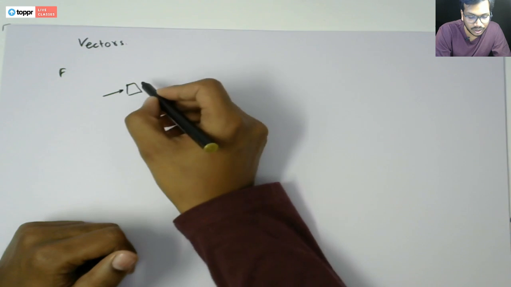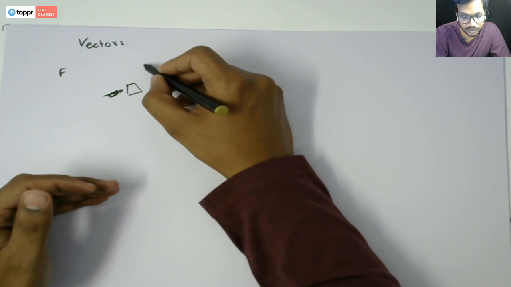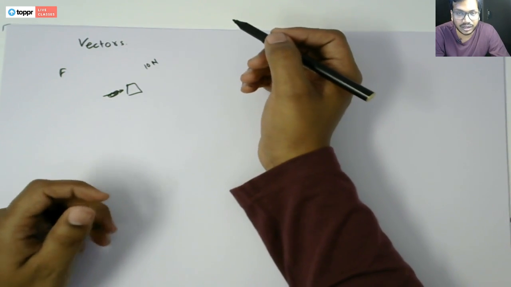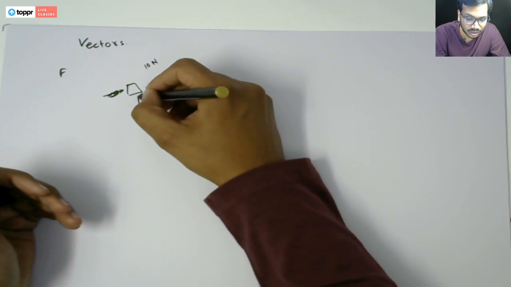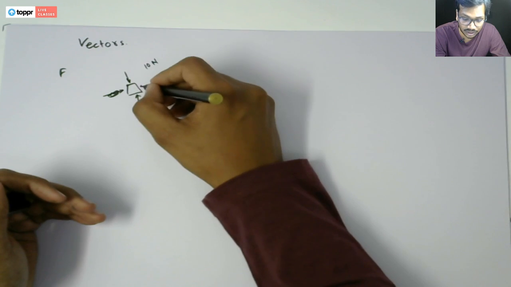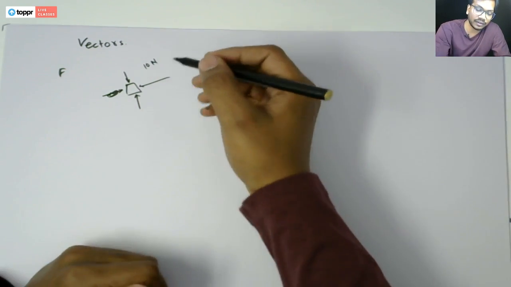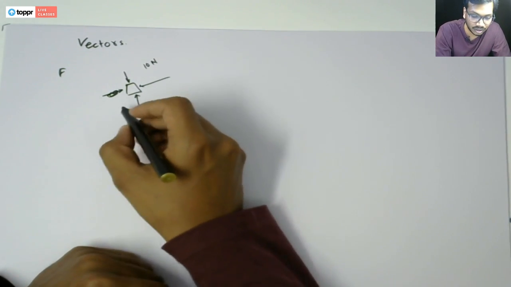Applying force on it, I cannot just say that I have a force of 10 Newton acting on this body, because that does not give me full information. I need to know what direction the force is acting. So this 10 Newton force is different from this 10 Newton force, and that is different from this 10 Newton force. So these are quantities that have directions and magnitudes.